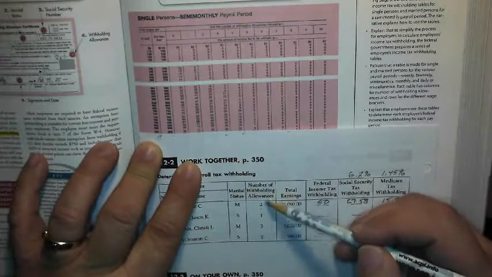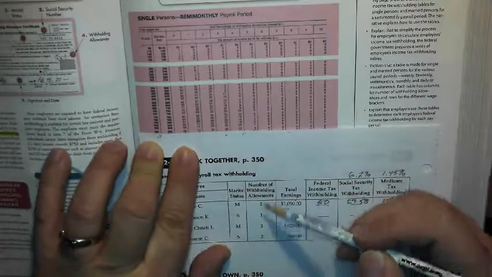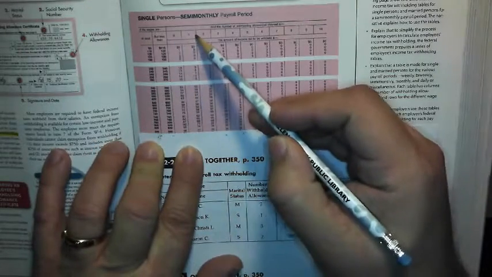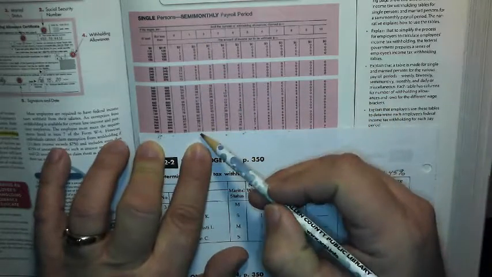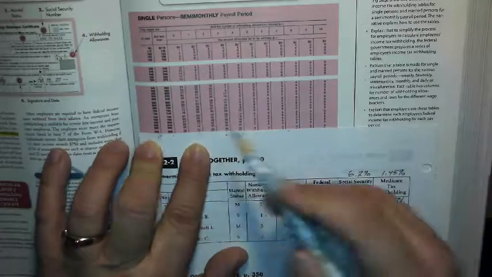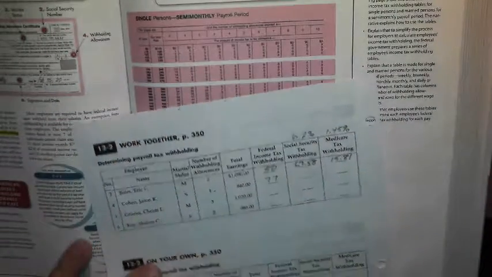So he's got number of withholding allowances or dependents 1. So you just see the first column is for 0, and obviously the next one's 1. So here we have $77. So that's 77.